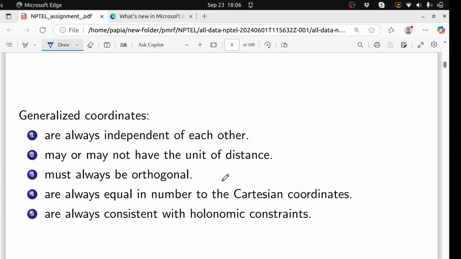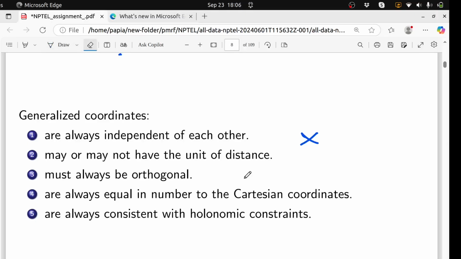Now coming to the second question. Generalized coordinates are always independent of each other, may or may not have the unit of distance, must always be orthogonal, are always equal in number to the Cartesian coordinates, are always consistent with holonomic constraints.